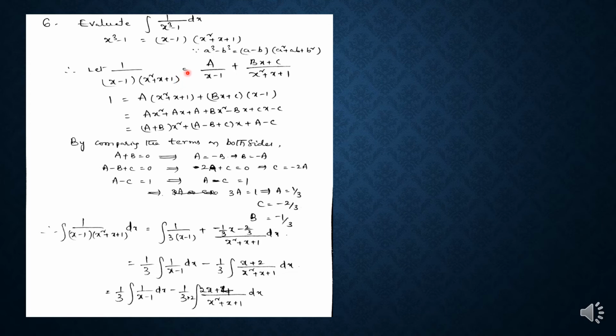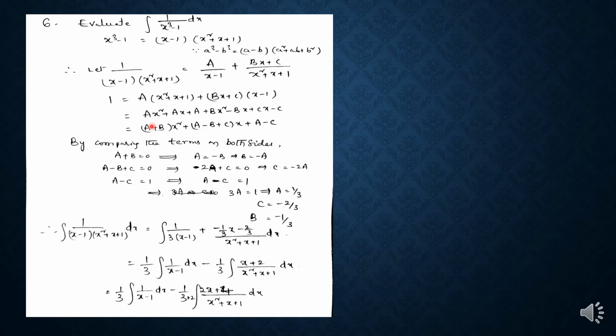To write the partial fractions, in the denominator we have one linear factor and one quadratic factor. For that we are taking the partial fractions as a by x minus 1 plus bx plus c by x square plus x plus 1. By taking the LCM here, a into x square plus x plus 1 plus bx plus c into x minus 1, that is equal to ax square plus ax plus a plus bx square minus bx plus cx minus c.